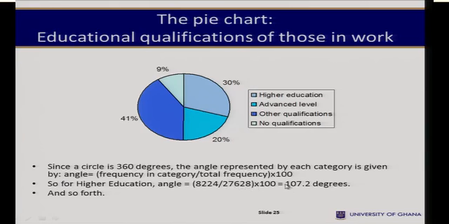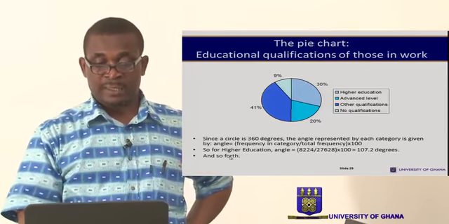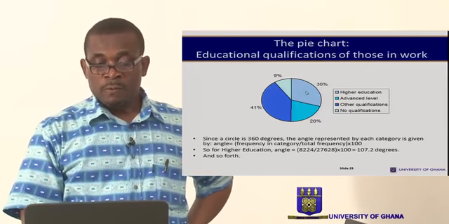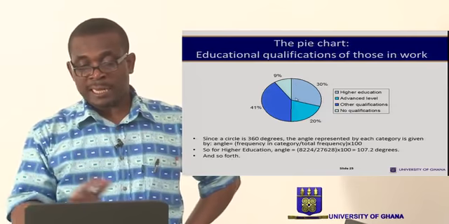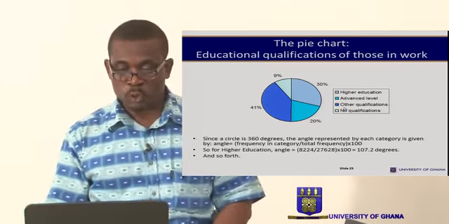It gives us 107.2 degrees. So the angle for higher education should be 107.2 degrees. And you do so for the others until the sum is equal to 360, as it has been done here. So at a glance, you can know which category has a higher proportion of employed persons.